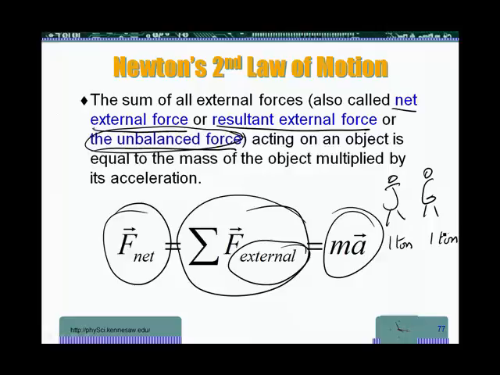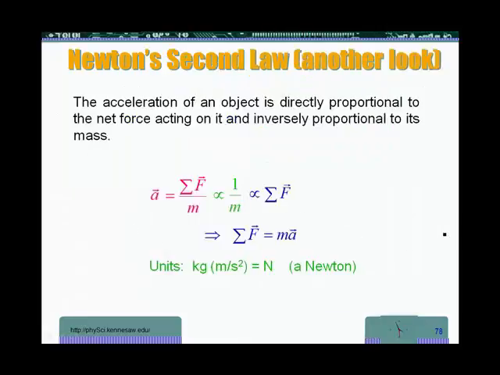Now the key here, sum of all external forces is equal to MA, and the sum of all external forces, we call it the net force. Now, another way of looking at this, the acceleration is proportional to the net force or inversely proportional to the mass.